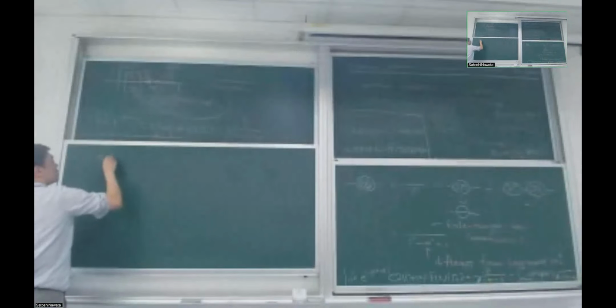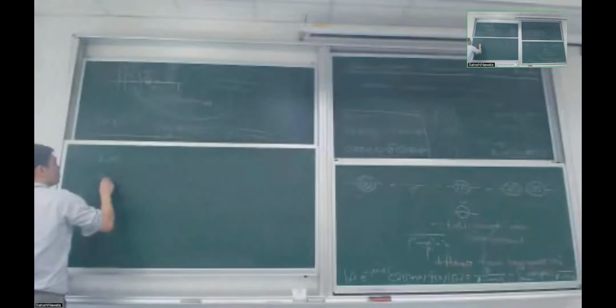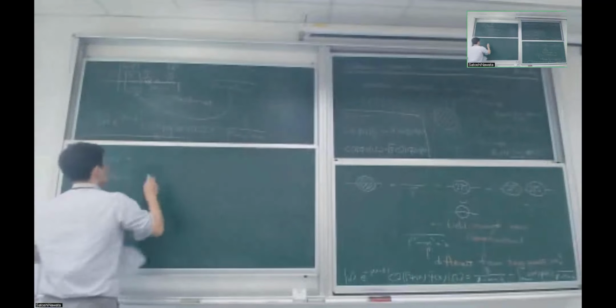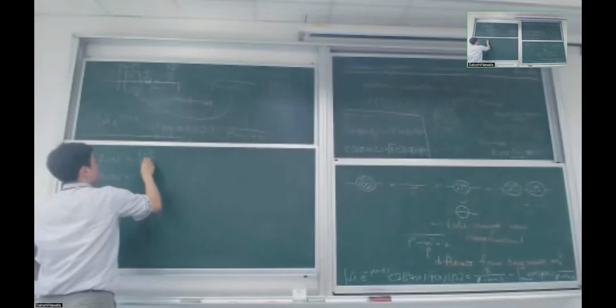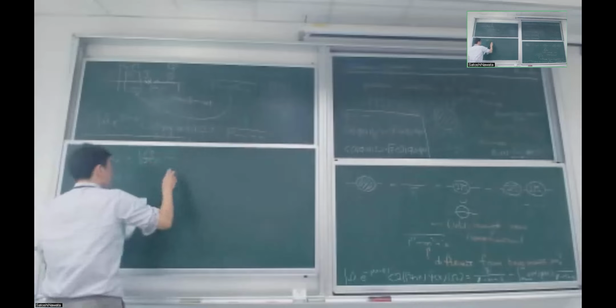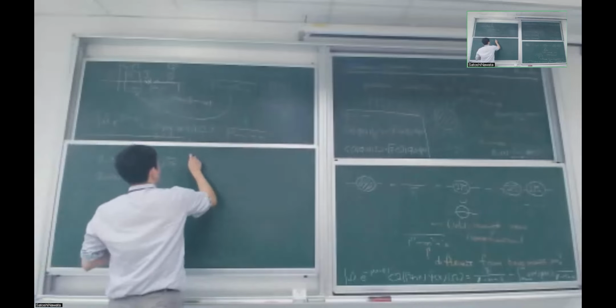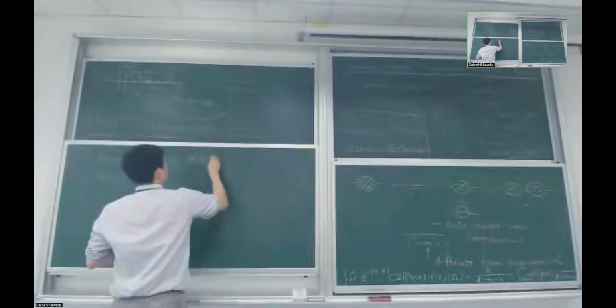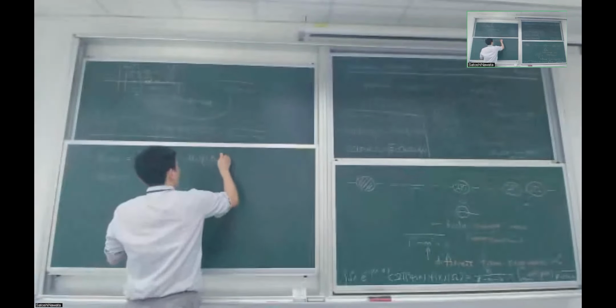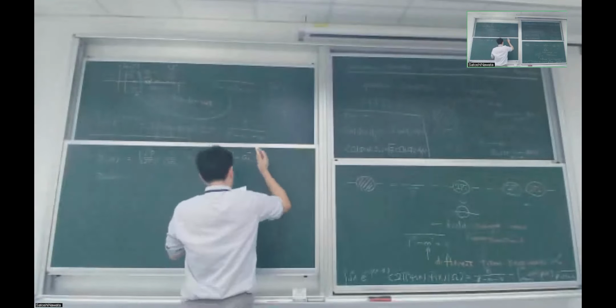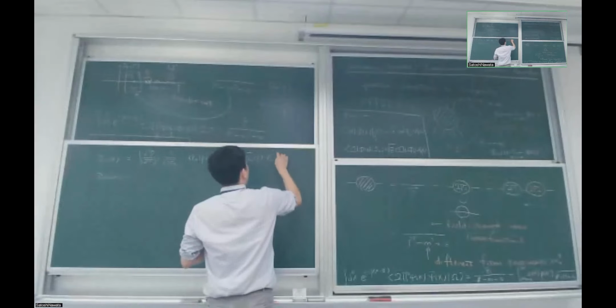Therefore phi in and phi out can be treated as operators in the free theory, which admits a mode expansion, as we learned at the beginning of the semester: square root 2E_p, a in of p e to the minus ipx plus a dagger in of p e to the ipx.